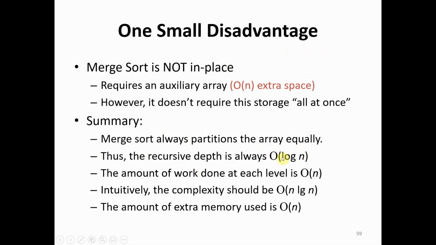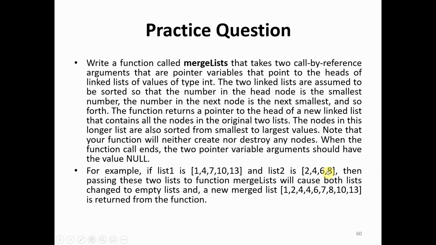The depth of the recursion is going to be big O of log n. The amount of work done at each level, for merging, is going to be big O n. So intuitively, the complexity should be big O n times log n. There's an O missing here. The amount of extra memory used is big O n. This is the temporary array that we used for the merging part. Okay, so that's all about merge sort.